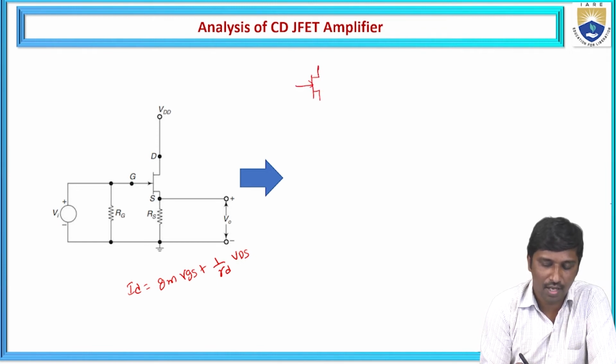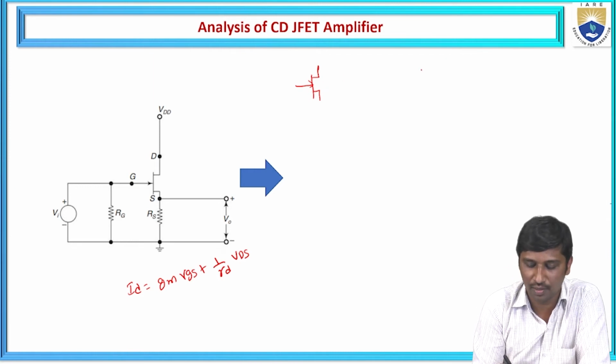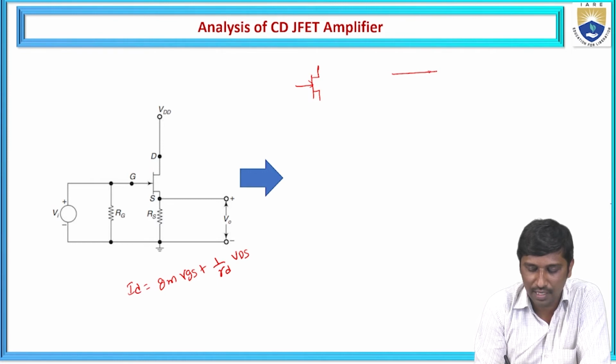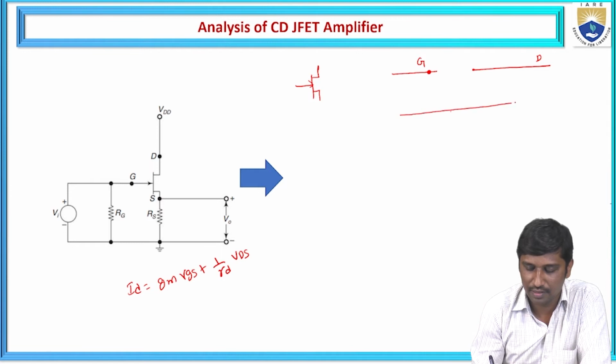This is the JFET, and now I'm going to replace it with a small signal model. How are we going to replace it here? This is the input side, this terminal is the gate, and the output side is the drain. The common terminal is the source.